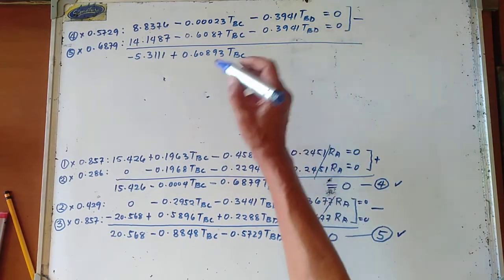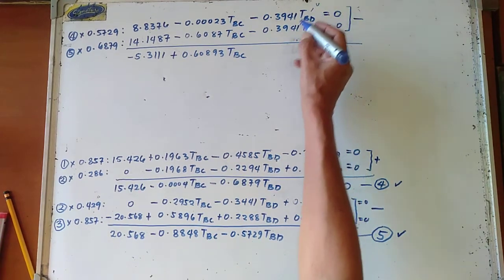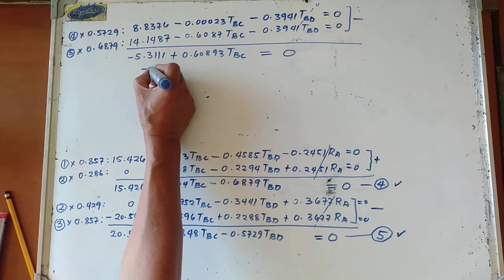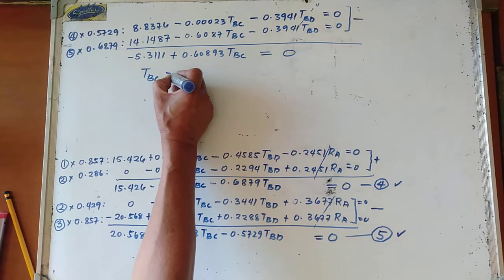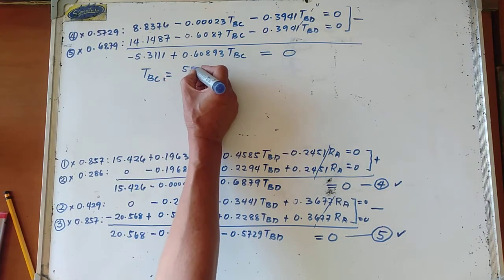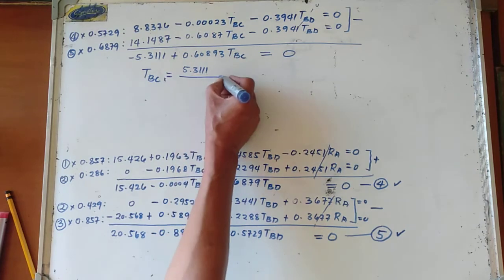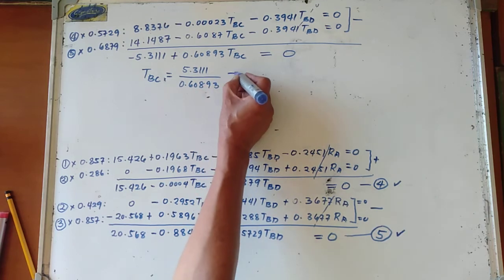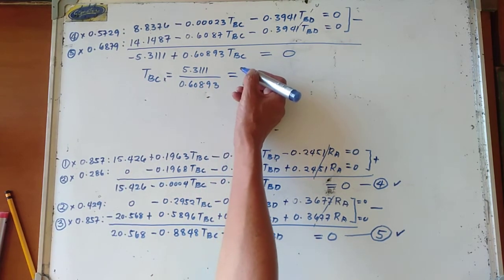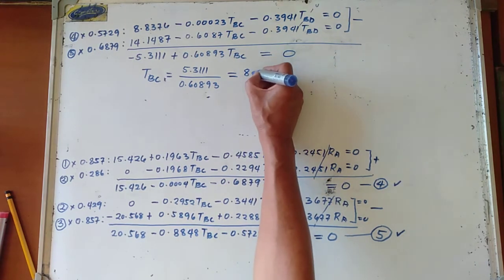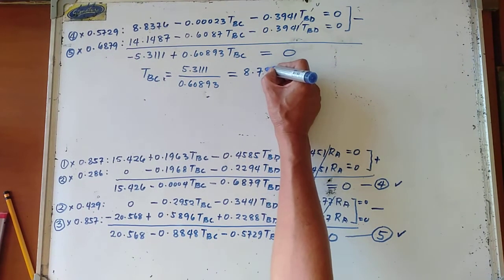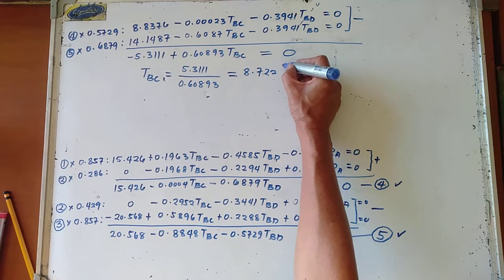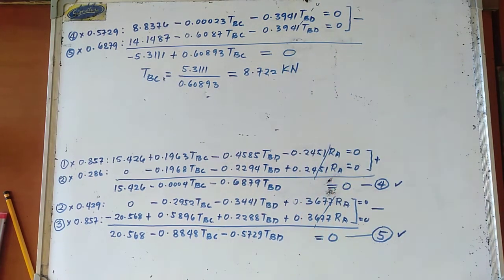This minus and minus that one is now equal to 0. Hence, your TBC is now equal to 5.3111 all over 0.60893. So that one is now equal to 8.722 kilonewtons.